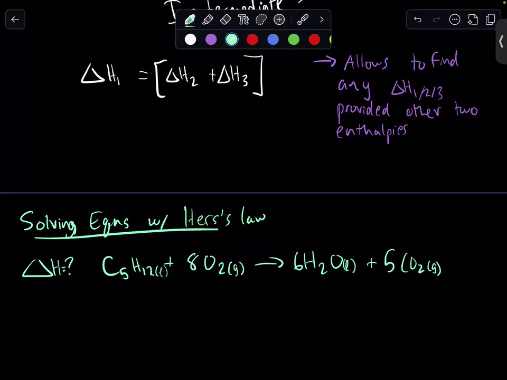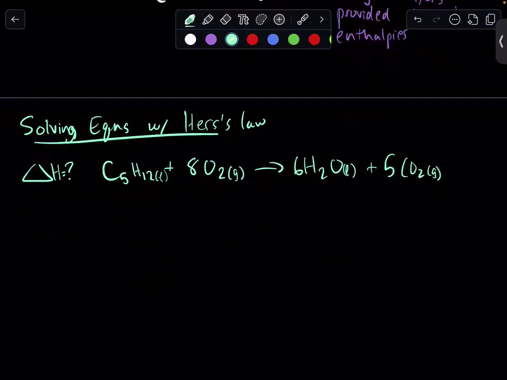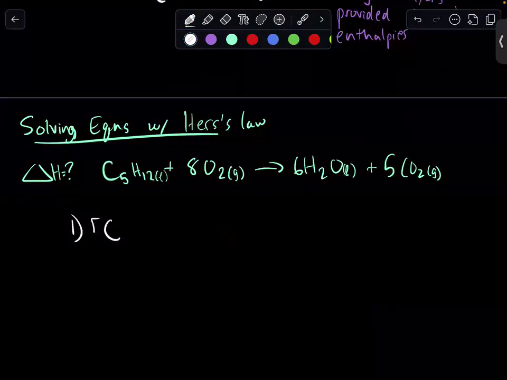Well, turns out we can usually find the delta H for the individual components of this. So we have a couple individual components. Number one, 5 carbon plus 6 hydrogen reacts to form C5H12.